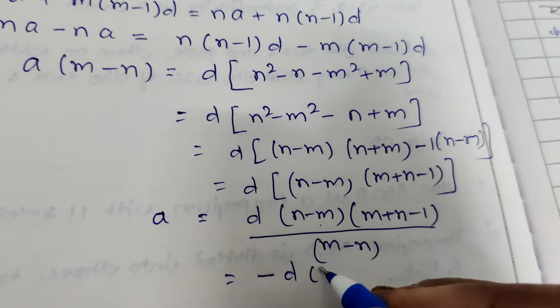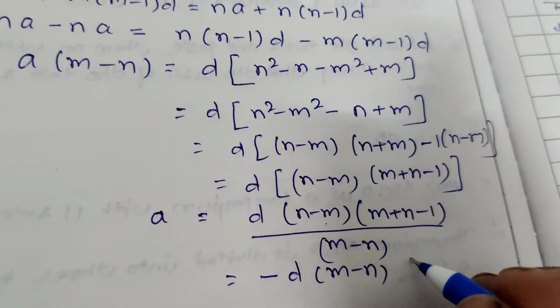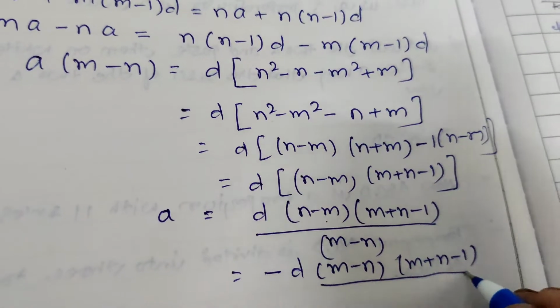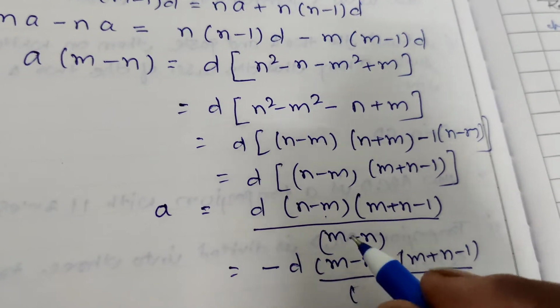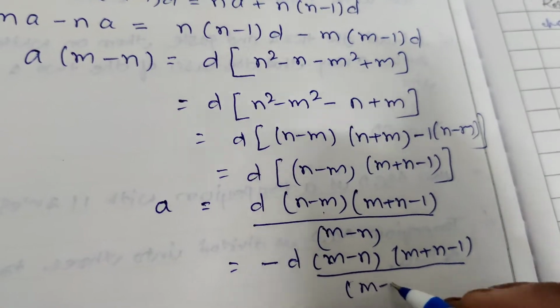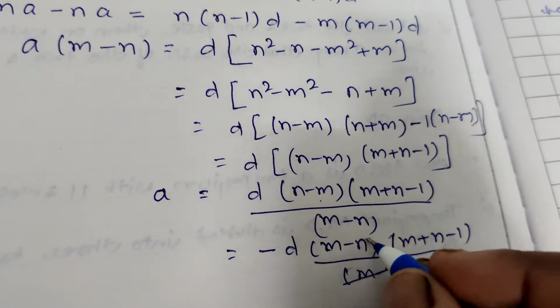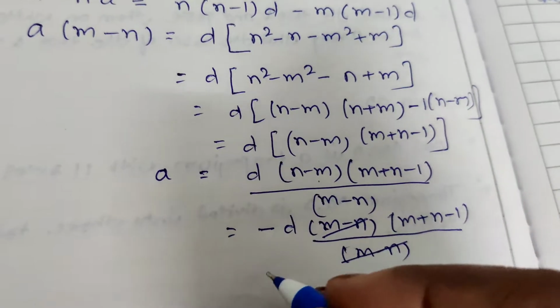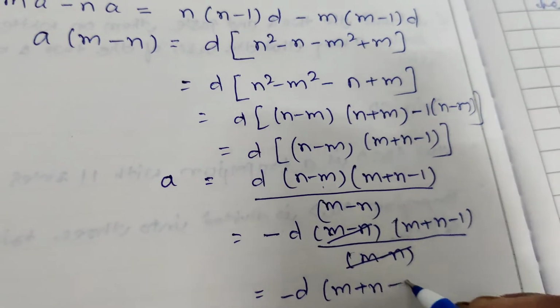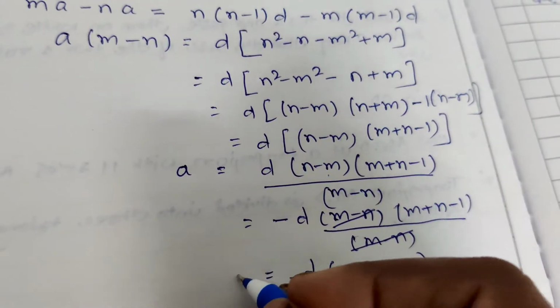We get m minus n, m plus n minus 1 into d, and m minus n cancels. So a equal to minus d times m plus n minus 1. This is the value of a.